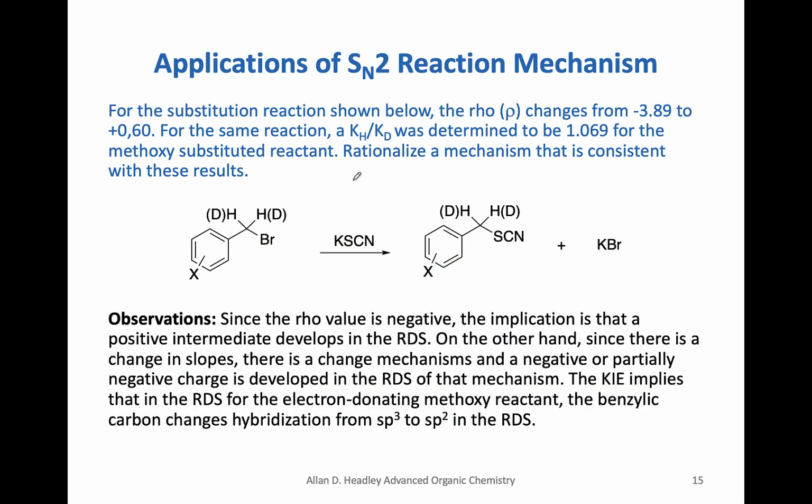Okay, let's look now at the application of this knowledge combined with the previous information. So let's look at this problem. For this reaction here, it was determined that the rho value, and don't forget the rho value here is coming from the linear free energy relationship studies, turned out to be negative, notice negative, and a fairly large number, 3.89.